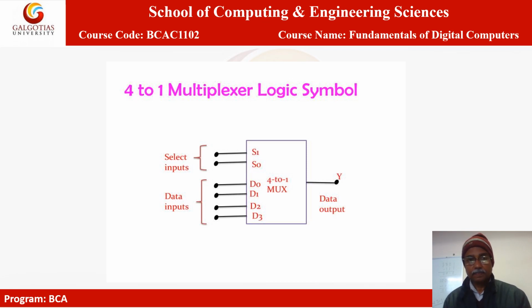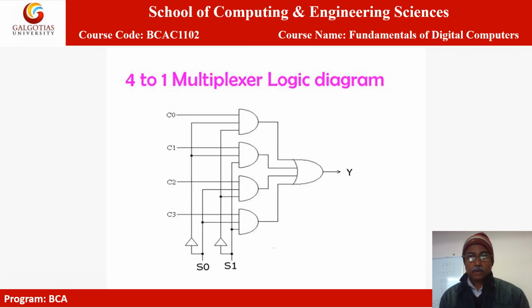Is it clear? So you can see here, this is the circuit diagram or logic diagram of the 4 to 1 multiplexer.